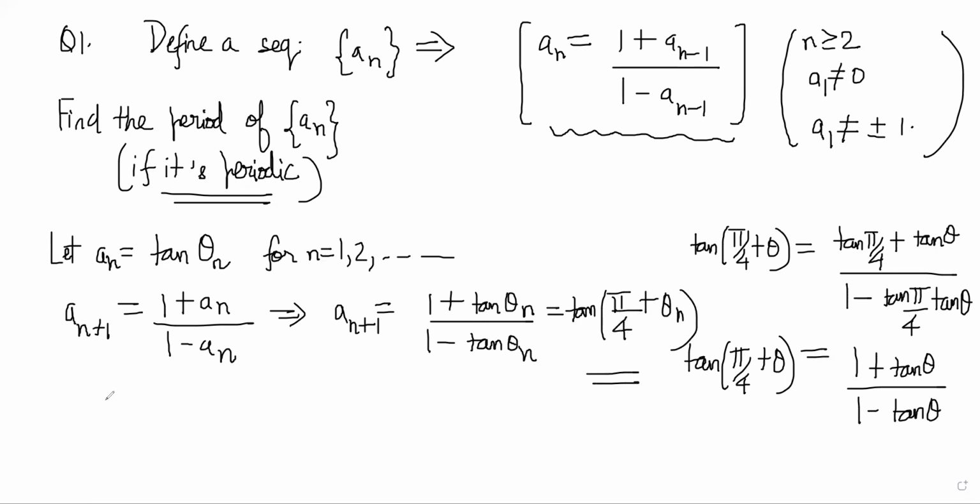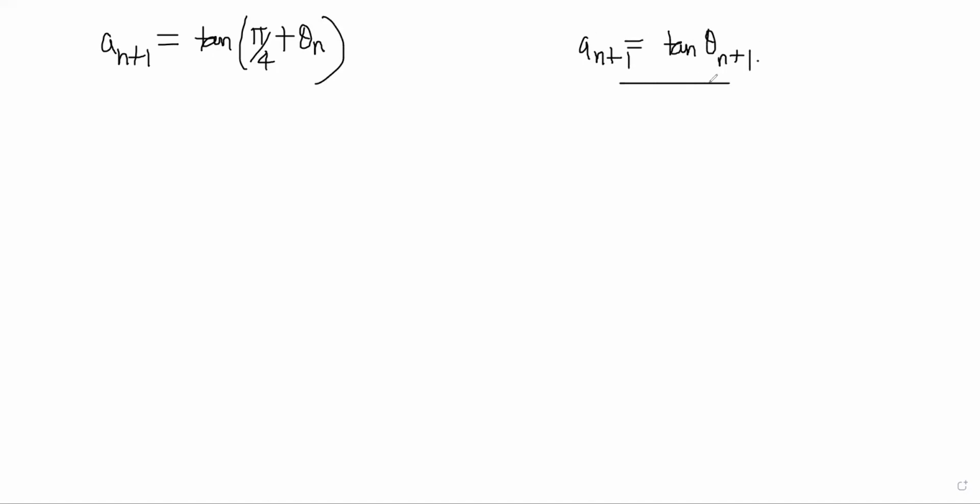So what we are getting is a_{n+1} is equal to tan of (pi by 4 plus theta_n). Now, we can write a_{n+1} itself as tan of theta_{n+1}, by our definition, by our substitution. So we get tan of theta_{n+1} is equal to tan of (pi by 4 plus theta_n), right?